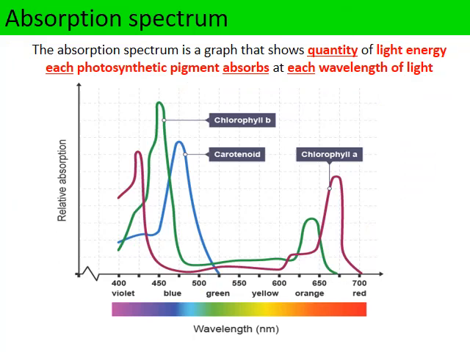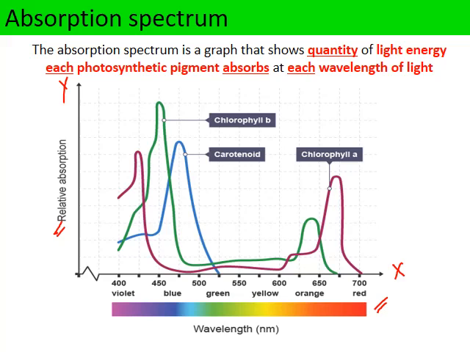Now, if we look at the absorption spectrum, this is a graph that shows us the quantity or the amount of light energy that's absorbed by each of the photosynthetic pigments at the different wavelengths of light. So all you have to do when you get a graph, really, to start with anyway, is to look at the labels on the x-axis along the bottom and the y-axis going up the left.